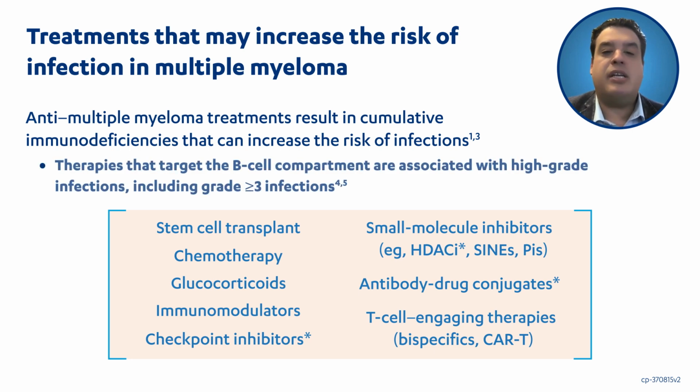In particular, anti-multiple myeloma therapies that target the B-cell compartment are associated with high-grade infections, including grade 3 or higher infections. Of note, checkpoint inhibitors are currently under investigation and currently not approved for the treatment of multiple myeloma. Additionally, the only approved HDAC inhibitors and antibody drug conjugates have been taken off the market.